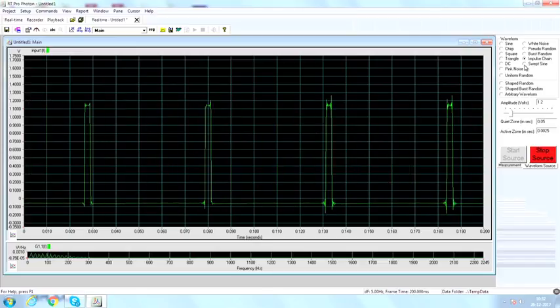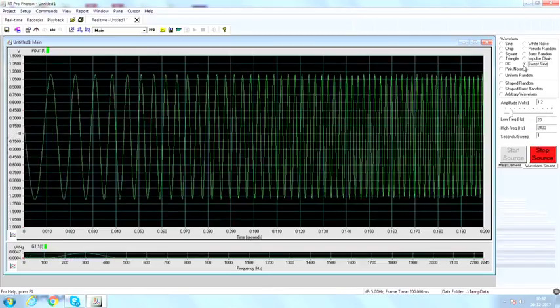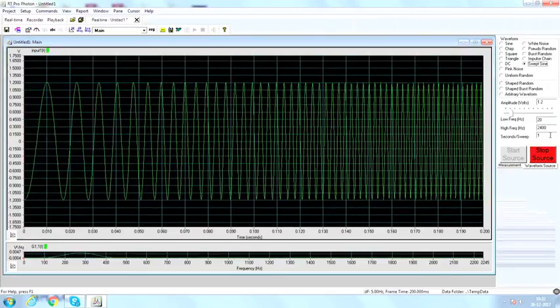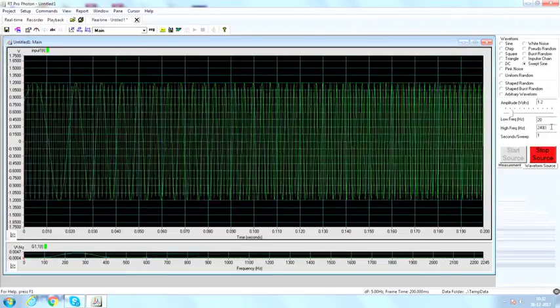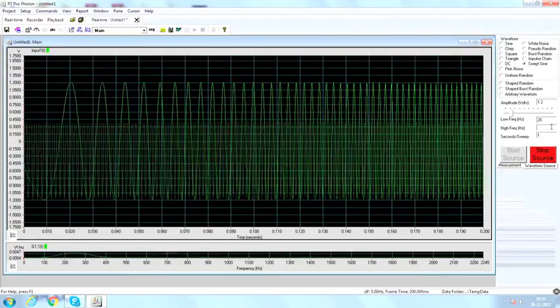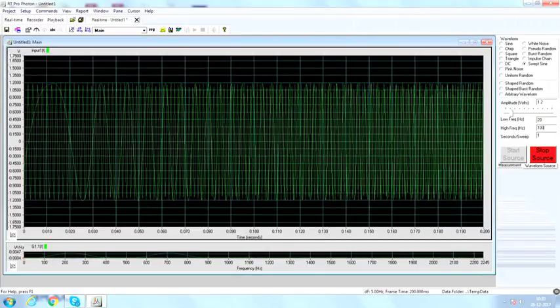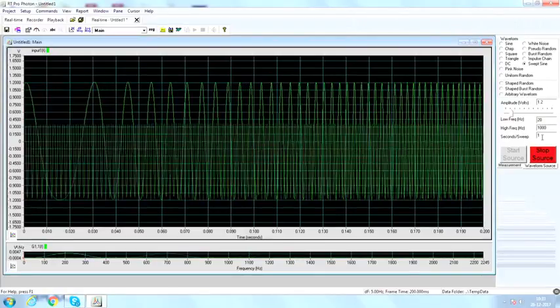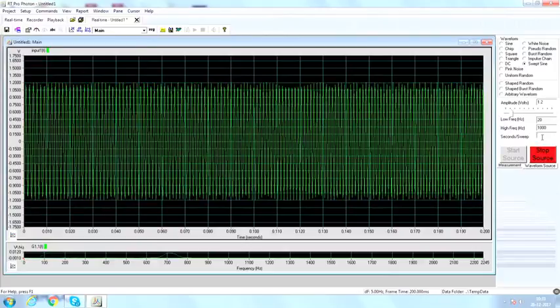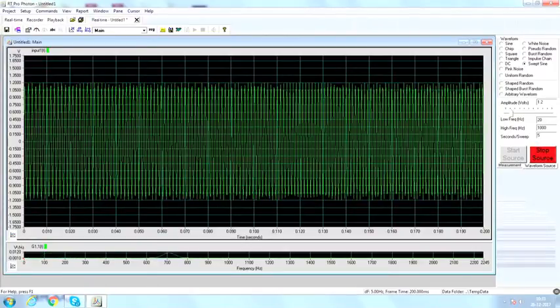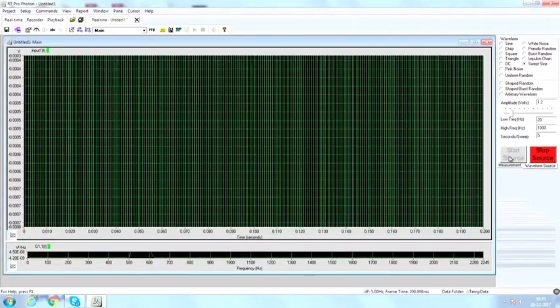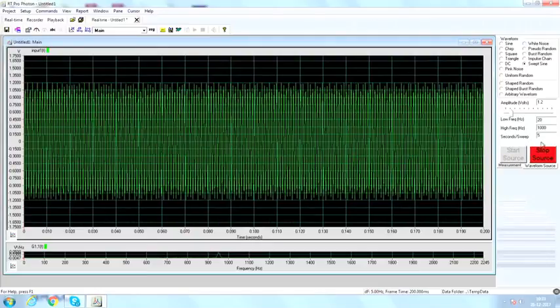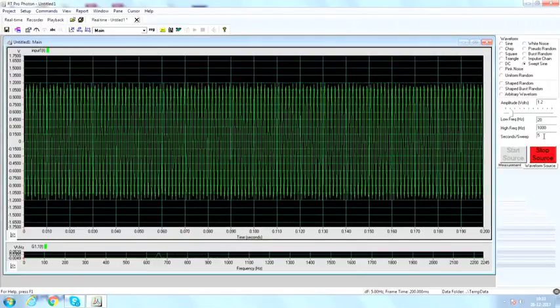Okay, I can generate a sweep sine, wherein the low frequency is this much. I will reduce the high frequency, and then the sweep rate can be, I will make it less.